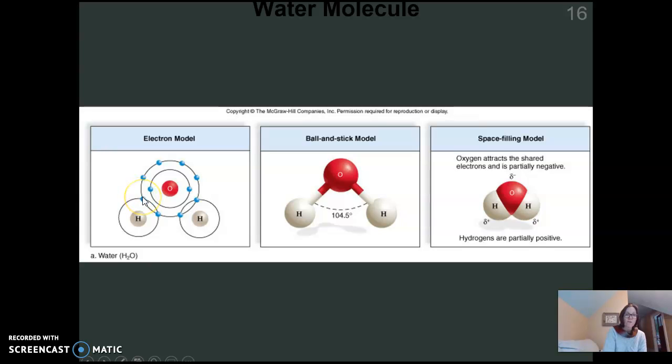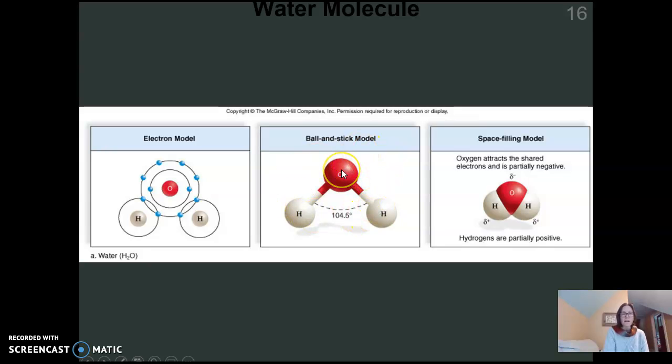And so it's sharing one of its electrons with hydrogen here, another one with hydrogen here, and this hydrogen is sharing its own electron with oxygen here, and same with this one. So this is showing how we have a complex molecule. We've got a lot of sharing going on between these 3 atoms, and it's holding this molecule together.